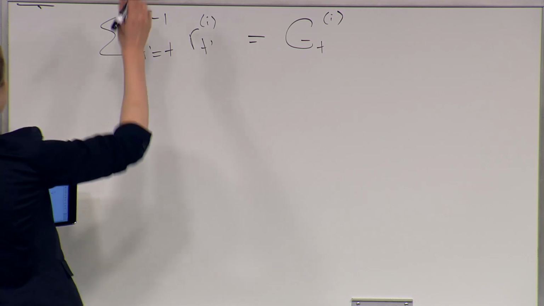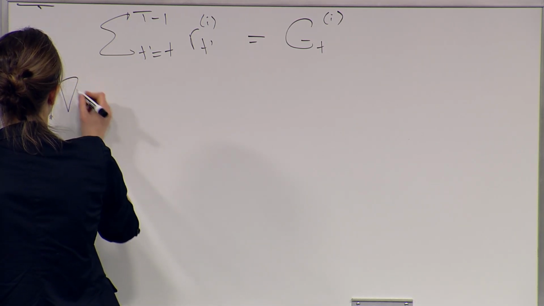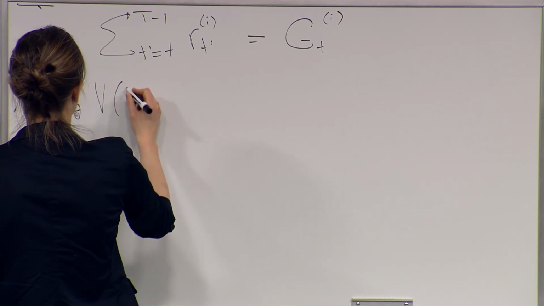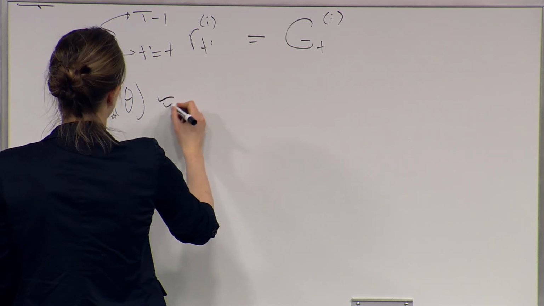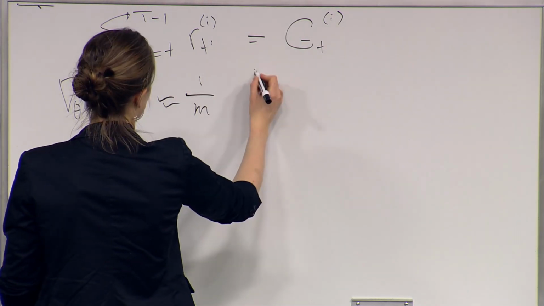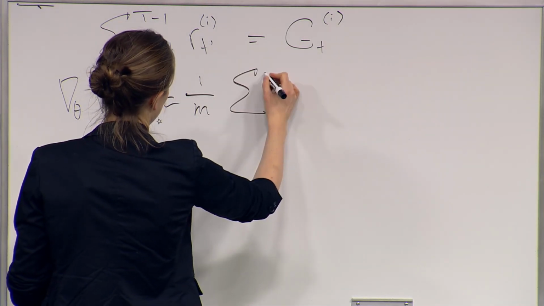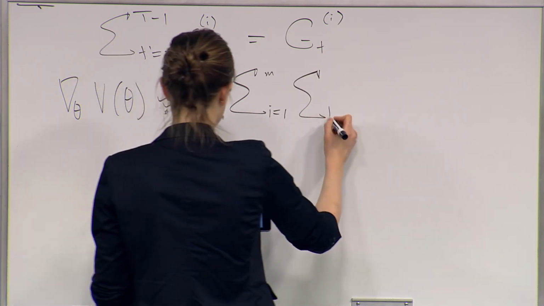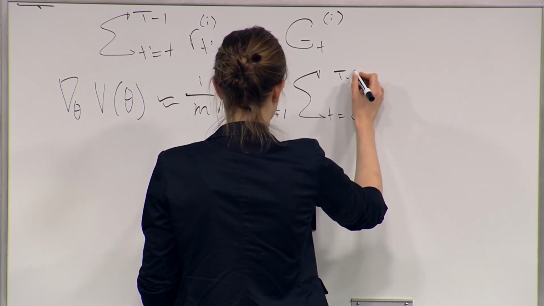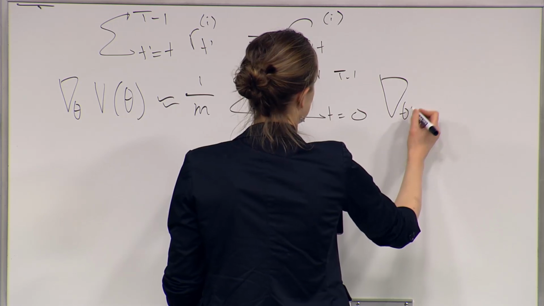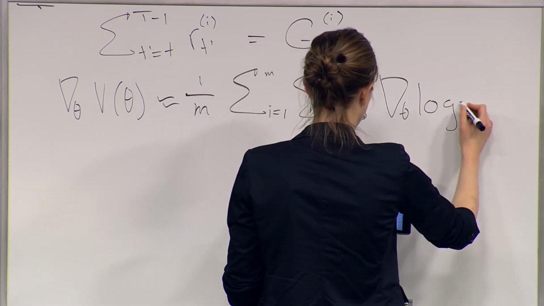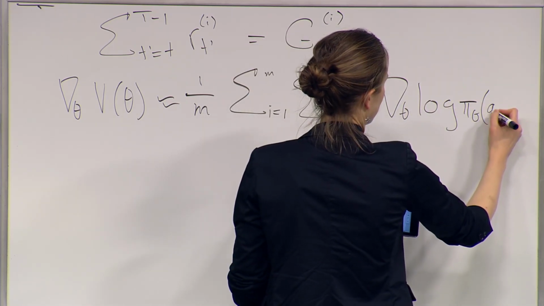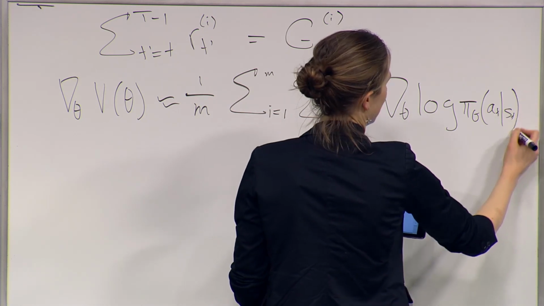So that means we can re-express the derivative with respect to theta as approximately 1 over m, sum over all of the trajectories we're summing over, sum over all the time steps, the derivative with respect to theta of our actual policy parameter, times just the return.